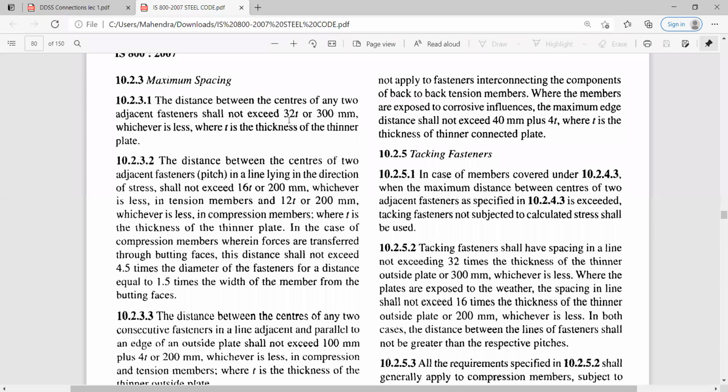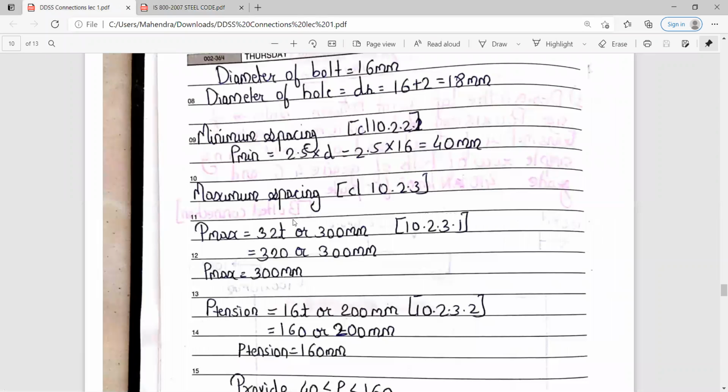So 32T and 300 mm, where T is nothing but the thickness of the thinner plate. दोनों प्लेट में से जिसका भी थिकनेस कम रहेगा, that thickness we are going to consider for the maximum spacing.